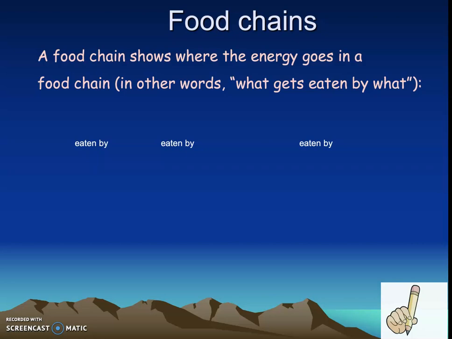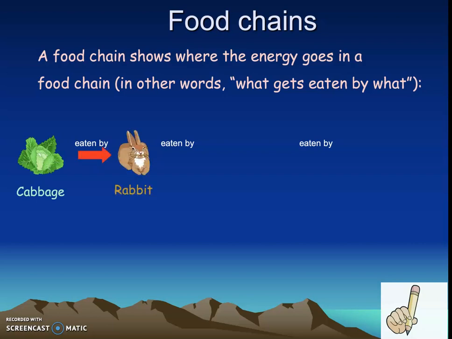So now that you've had some time to write down your definition at the top of the page, we are going to be drawing the following diagram. And this diagram is an example of a food chain. So we have a cabbage, and a cabbage is eaten by a little bunny rabbit. Very cute. Unfortunately, this bunny rabbit is eaten by things called stoats.